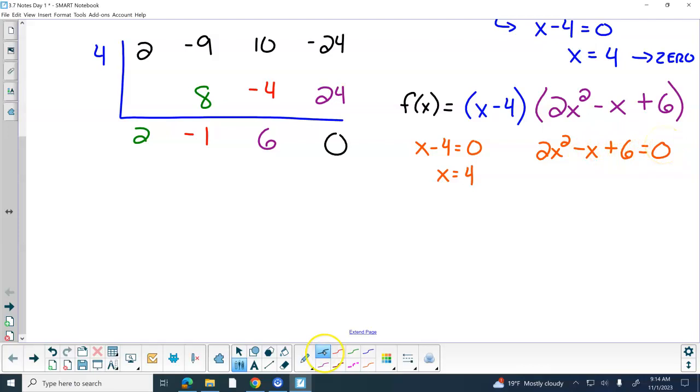And so our quadratic formula says x is going to equal the opposite of b, which is going to be positive 1, plus or minus the big square root of negative 1 squared minus 4 times a times c, all over 2 times a.